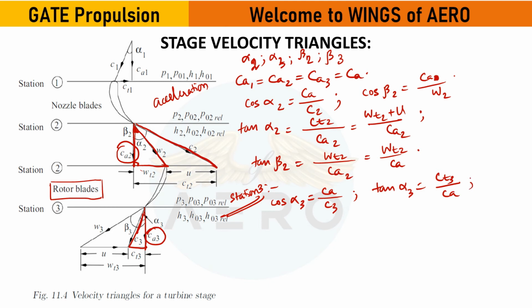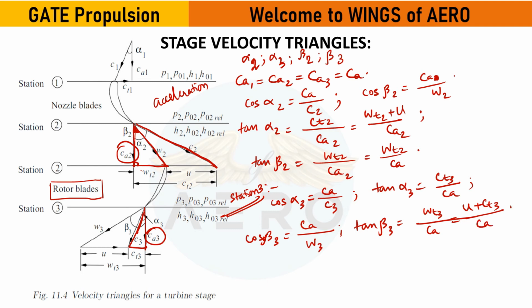Now for the beta angle, cos beta 3 becomes base Ca by hypotenuse W3. Then tan beta 3 becomes height by base, which is Wt3 by Ca, equal to U plus Ct3 by Ca. Is it right?